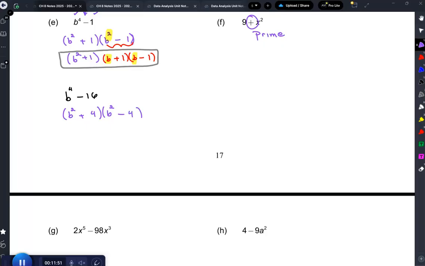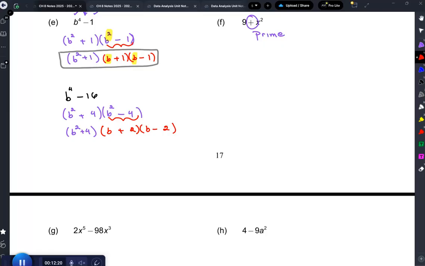Okay? Now, b squared plus 4, I can't factor anymore. But this one, right? Look at this one. Now it's not a 1. Now it's a 4. But I can still go more. So 2 plus minus. Okay?